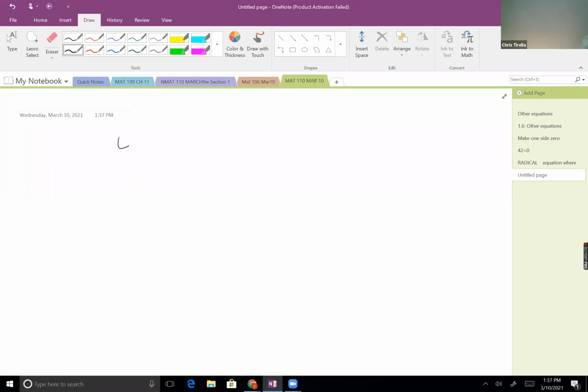Next example. Let's look at x minus the square root of x plus 11 equals 1. Again, I see that square root, and I think I've got to get that square root alone. So let's subtract x from both sides.